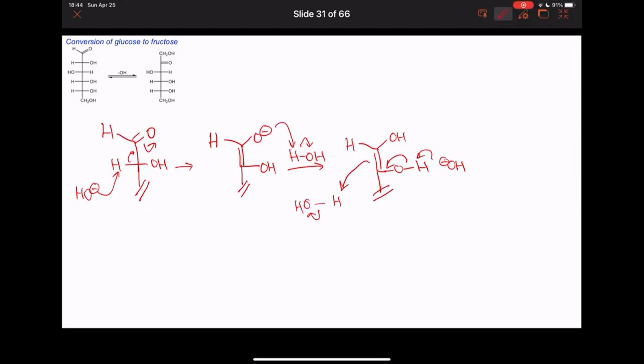This allows you to create your fructose. The intermediate to take note of is the enediol. It's called that because you have two alcohols, which is the diol portion, and the ene is the double bond in between them. So that is the conversion between glucose and fructose.